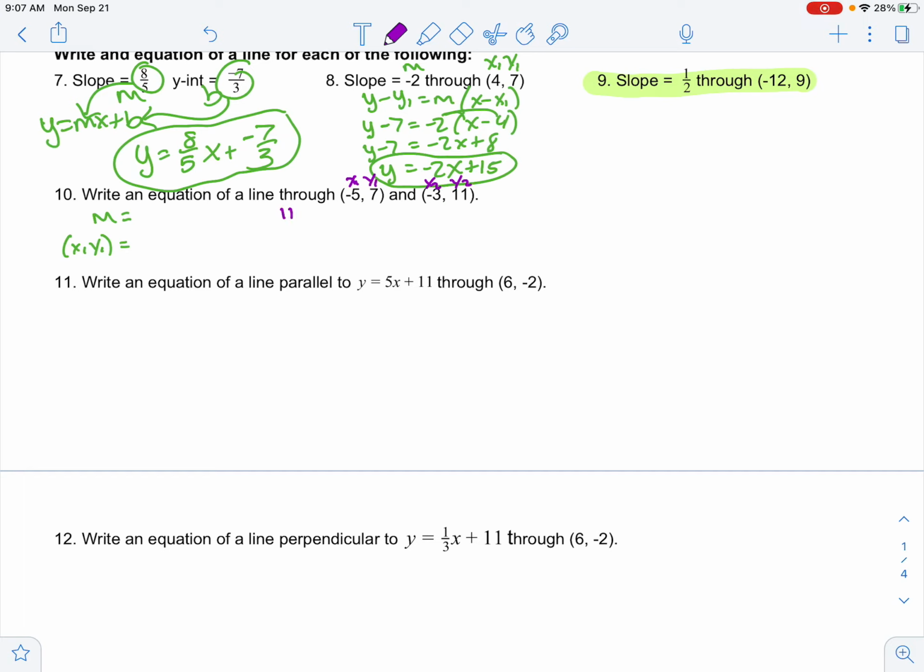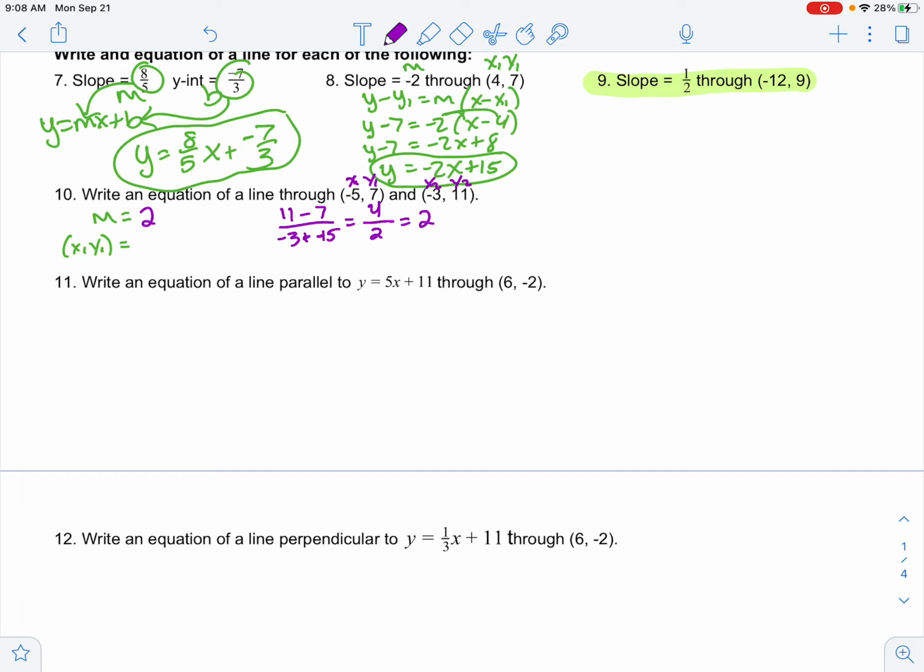So I have y2, 11, minus y1, 7, over negative 3, that's x2, minus negative 5, which is x1. Minus minus, I'm going to bam it. So we have 4 over 2. 4 divided by 2 simplifies to 2. Okay, so my slope is 2.